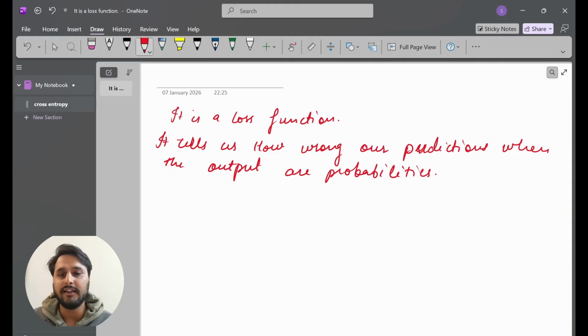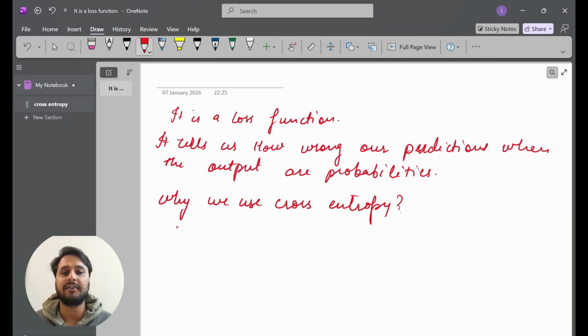So let's understand why we use cross entropy. This is a question. So let me tell you, in classification models, we have classes. In the output, we get the probabilities of each class, and we also know the actual class, the true class.